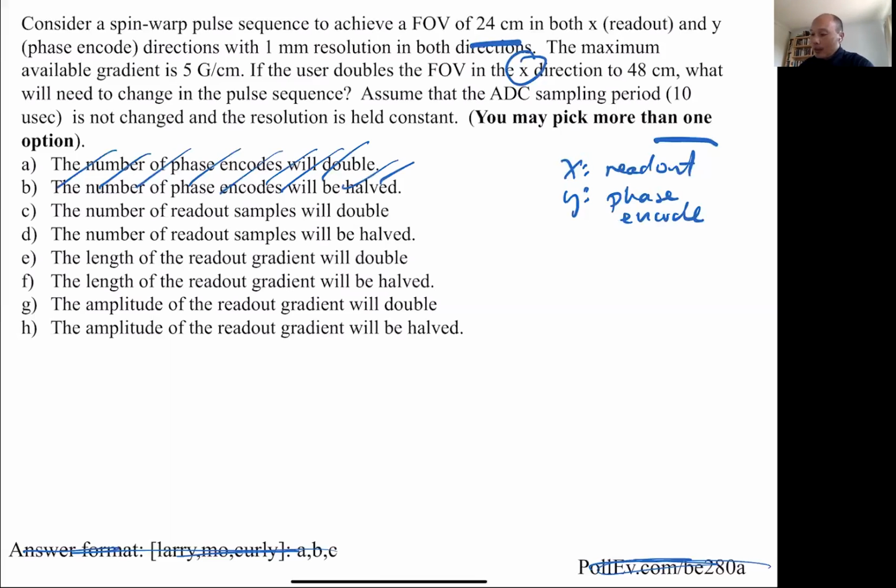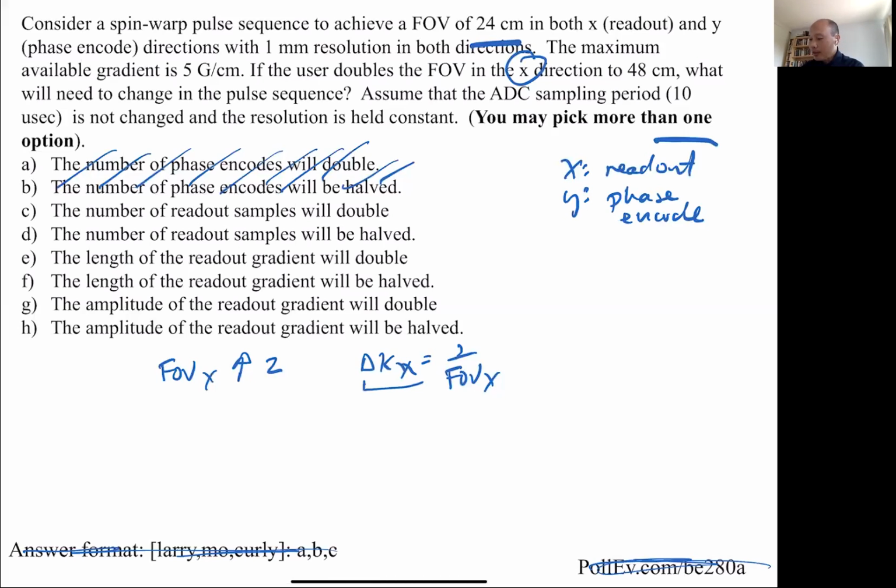The only thing they've changed is that the FOV has gone up by a factor of 2. The basic principle is that delta kx equals 1 over FOV of x. If FOV goes up by a factor of 2, then delta kx must go down by a factor of 2.